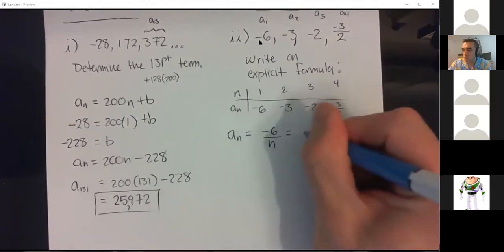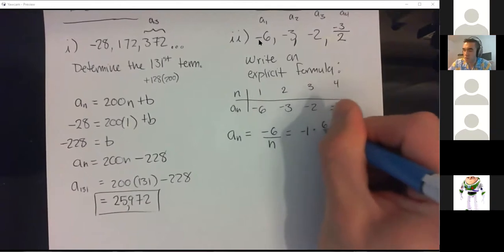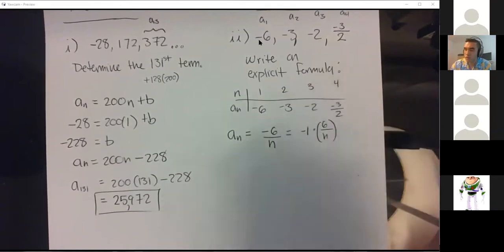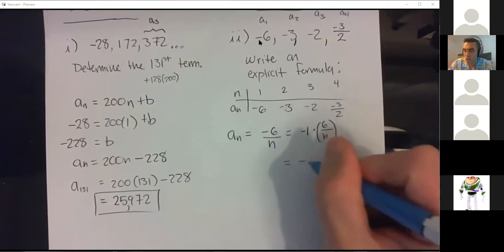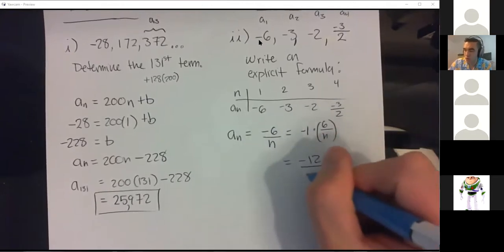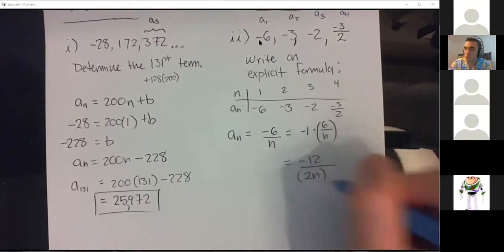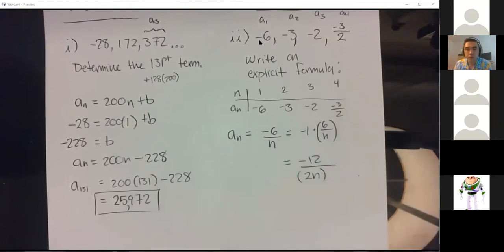This could also be written as -1 times 6/n, where we're processing the 6/n first, or this could also equally be written as -12/2n, or what have you. So I think -6/n is the most succinct way to write this particular sequence. There are technically an infinite number of alternate answers. Anything which would give back the same sequence is technically correct.